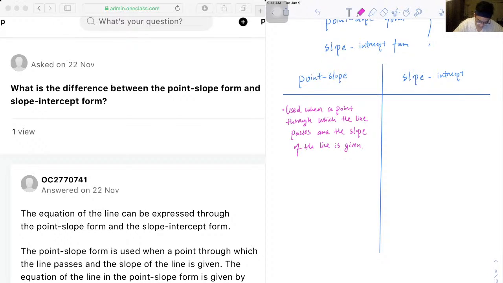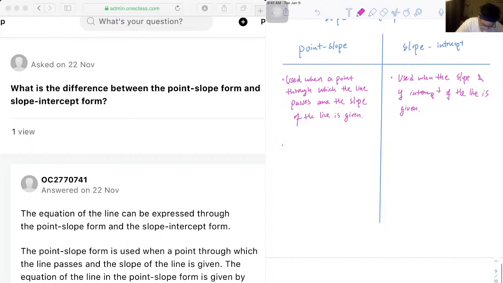Okay, in contrast, slope intercept is used when the slope and y-intercept of the line are given.